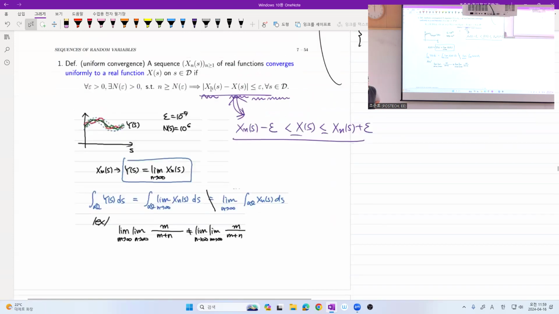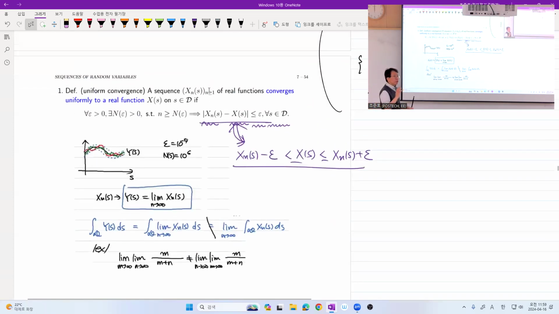So people devised the idea of uniform convergence. What does that mean? The definition is very similar to the notion of a sequence of scalars converging to a scalar. See that? For every epsilon positive, there is an n of epsilon, so far everything is the same, such that if n is greater than or equal to n of epsilon, so far the same. Now see the difference. This implies the error is bounded.